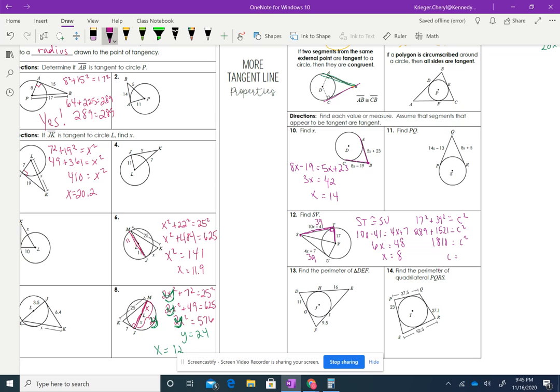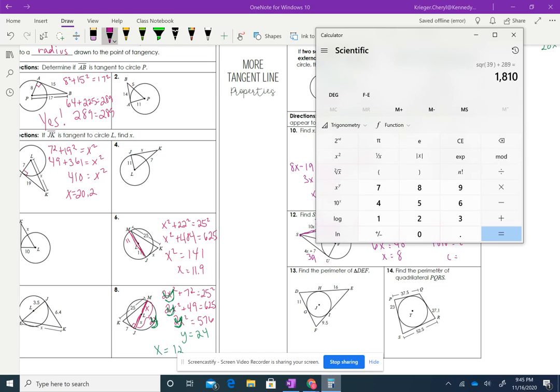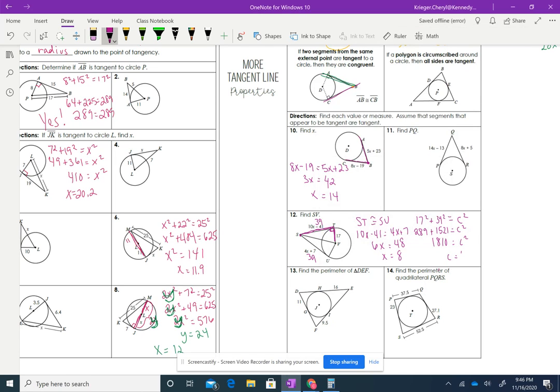Okay, so that gives me c equals the square root of that, 42.54. So I'll just say 42.5. Okay, so SV, I'll say SV instead of c, is 42.5. All right, we're almost there.